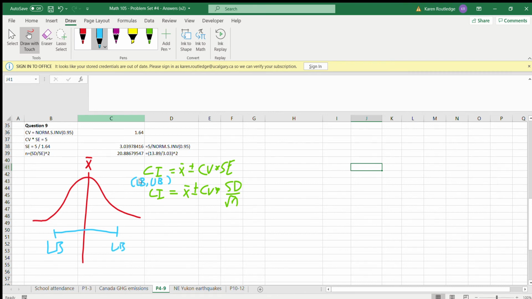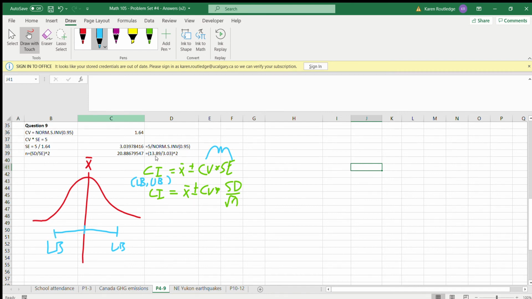So to calculate the lower bound, we take the sample mean, and we subtract the critical value times the standard error. Well, that should tell us something. If we start from the sample mean and we're going this way, this distance is equal to this. We started at the sample mean, and we subtracted critical value times the standard error, and that gave us this lower bound.